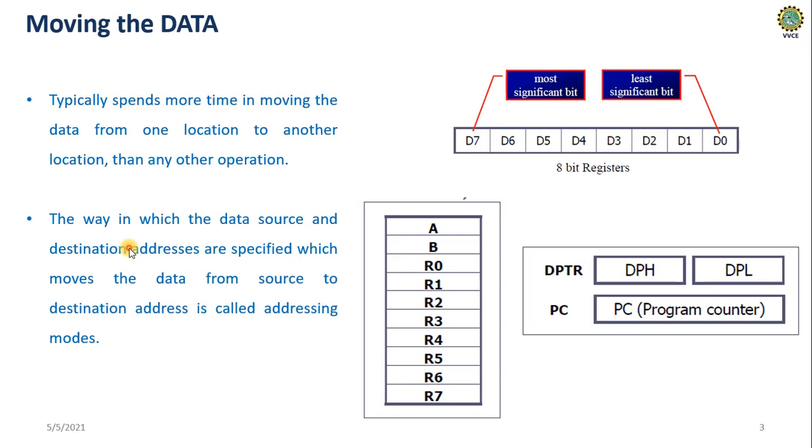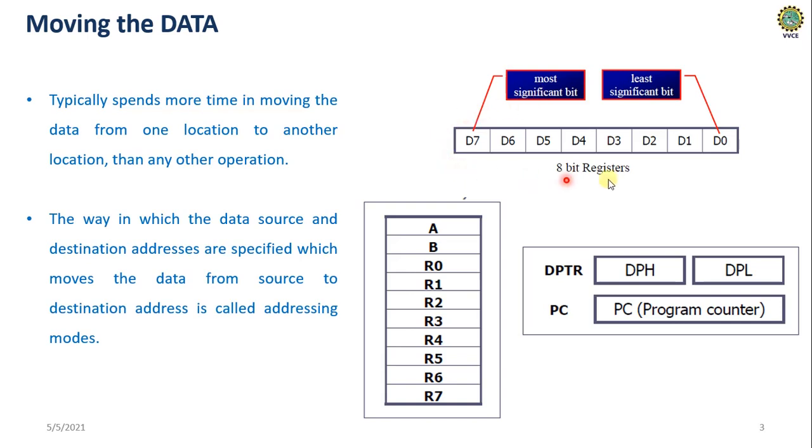So as I said already, you may take data from memory, or you can use the data from different locations or different registers. Fine. Inside your microcontroller the data will always be stored as 8-bit data, right? From D0 to D7, from least significant bit to most significant bit.